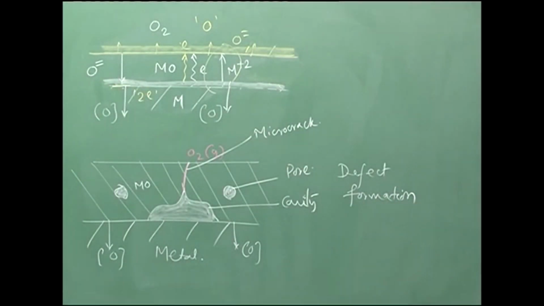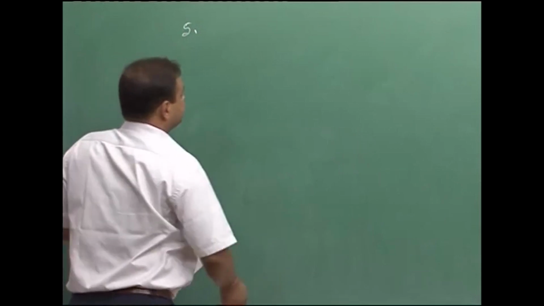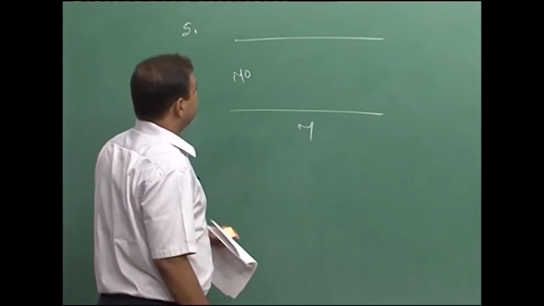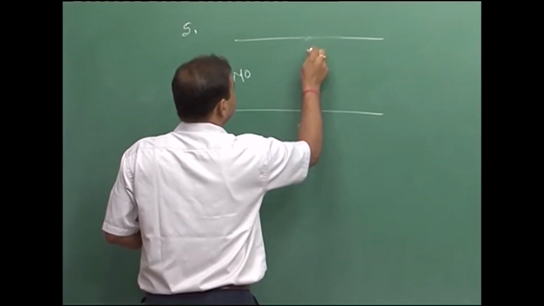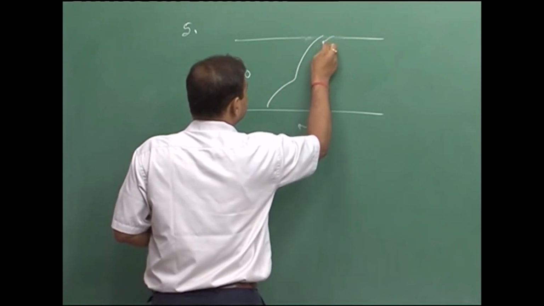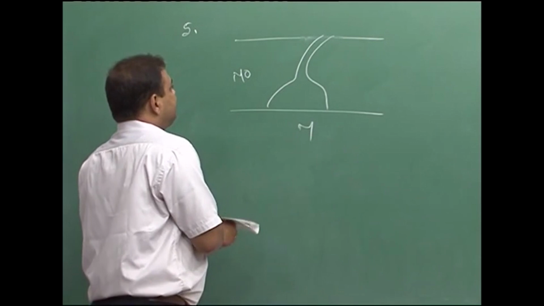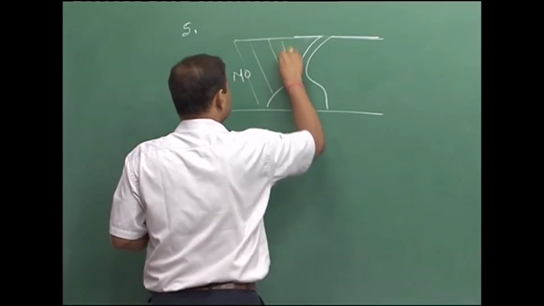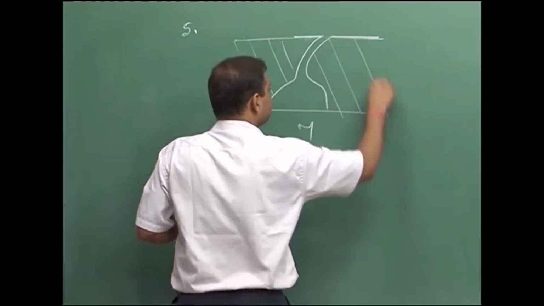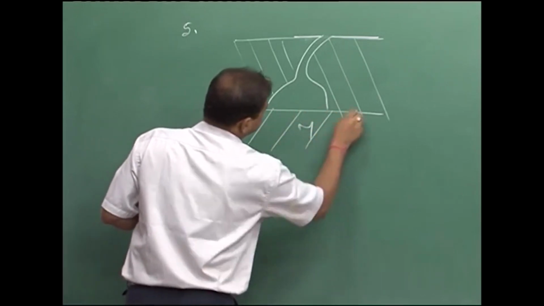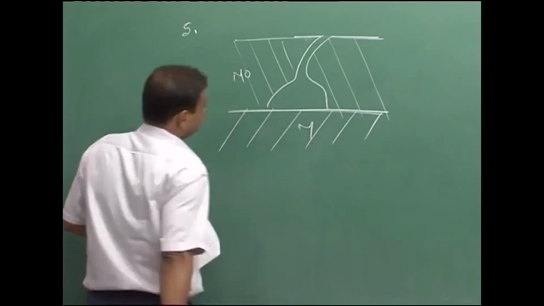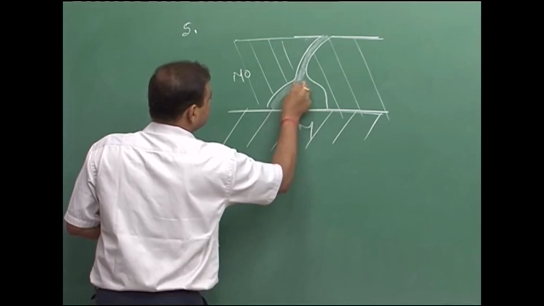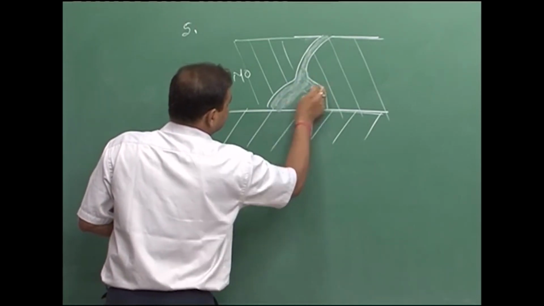And in stage 5, this is the metal oxide. There could be a formation of a macro crack like this. This is my oxide layer, and this is my metal surface. So, these are the macro cracks as well as cavities.